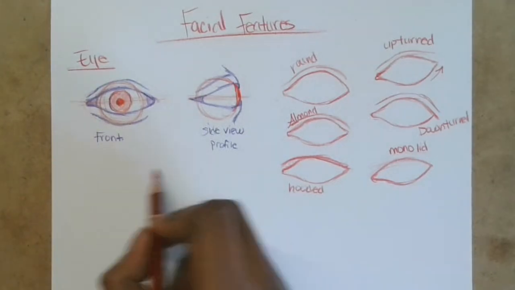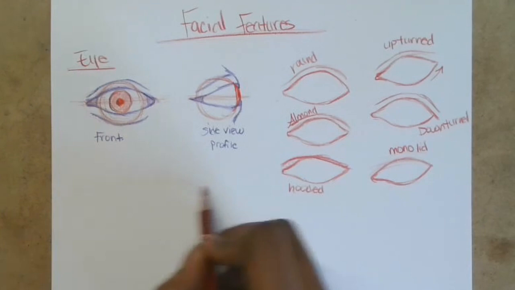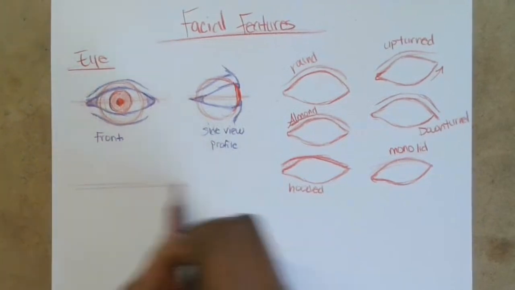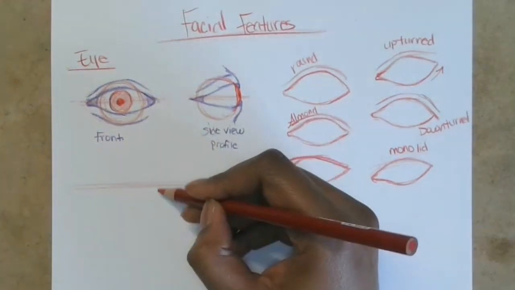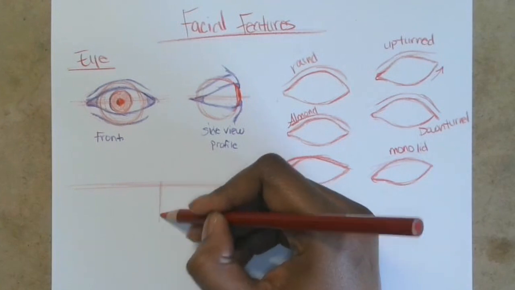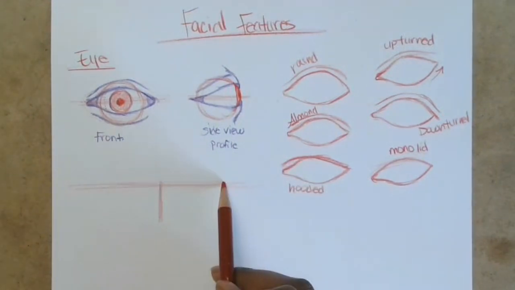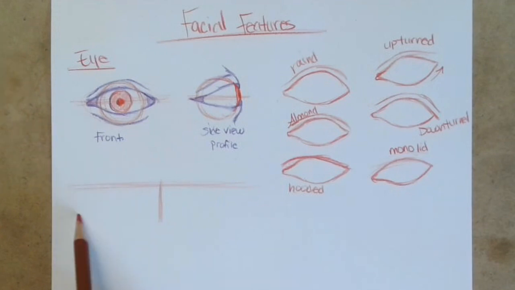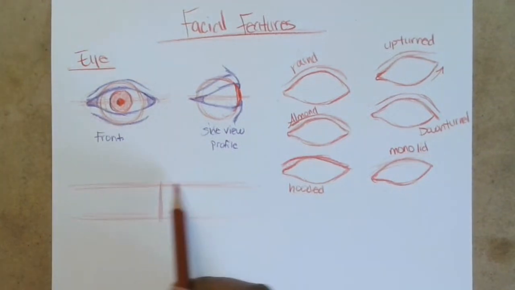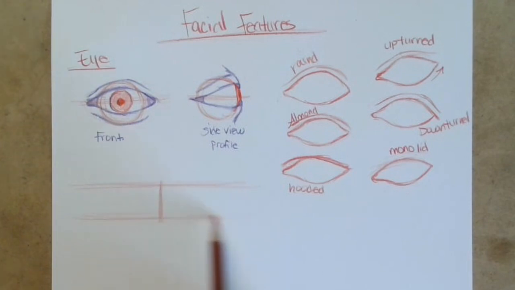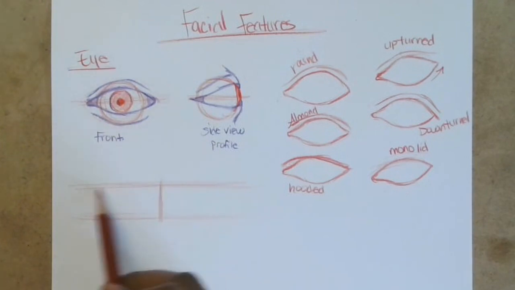Okay, so now this last part for the eye, I'm gonna draw a horizontal line. And I'm gonna split it like we did when we were drawing the head. So this would be our eyebrow line, and this is the area where the eyes would fit in between.